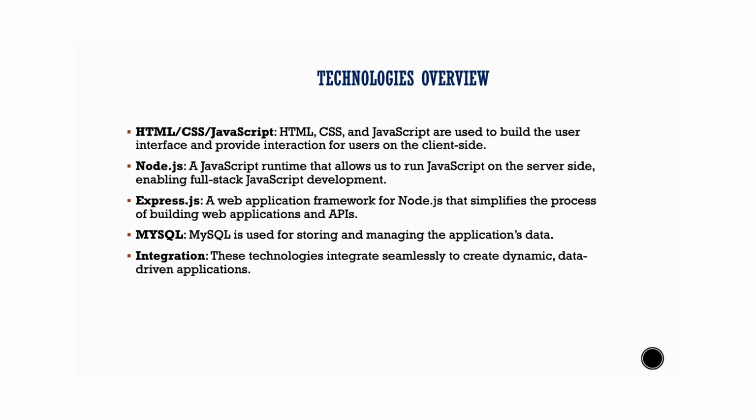CSS, or Cascading Style Sheets, a style sheet language used to control the presentation of HTML content. It allows for design flexibility such as colors, layouts, and responsiveness. JavaScript, a programming language that adds interactivity to web pages. It allows developers to create dynamic content that responds to user actions.